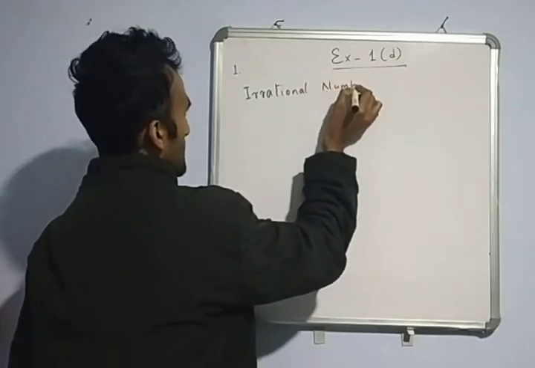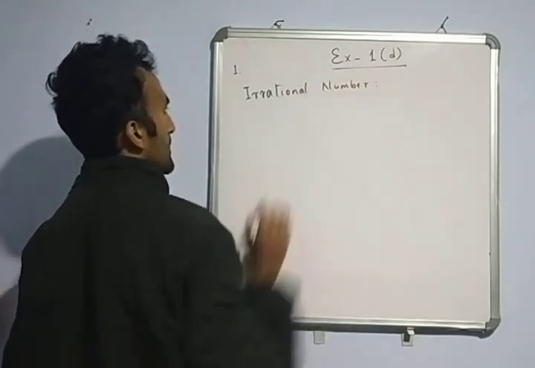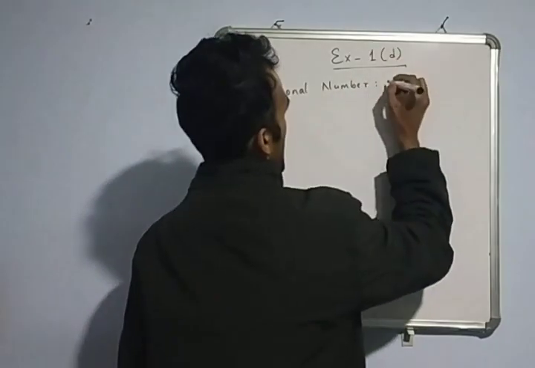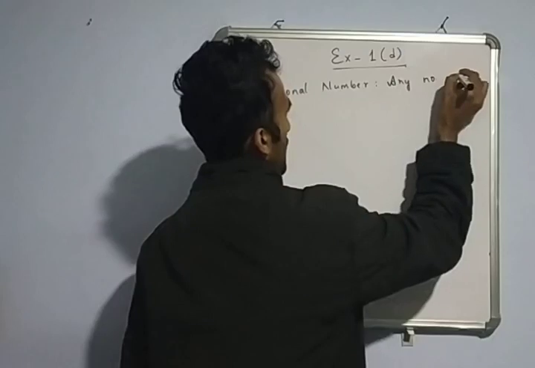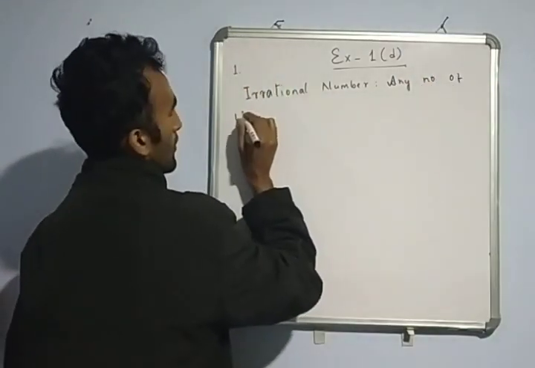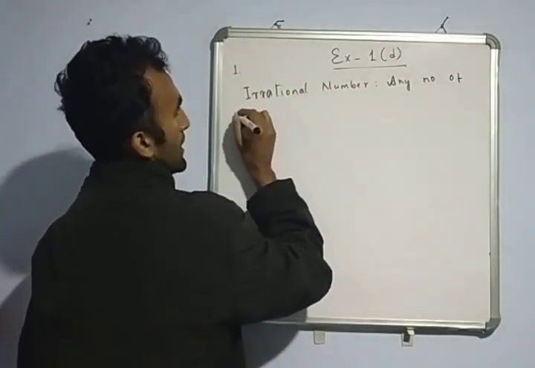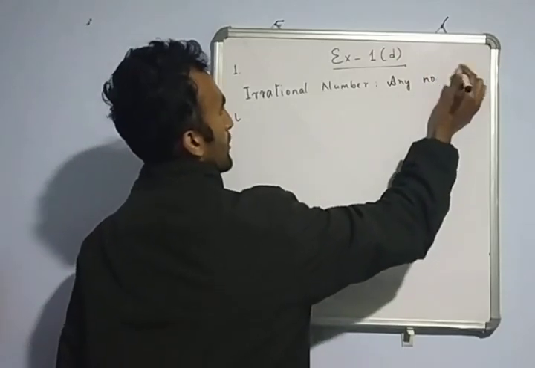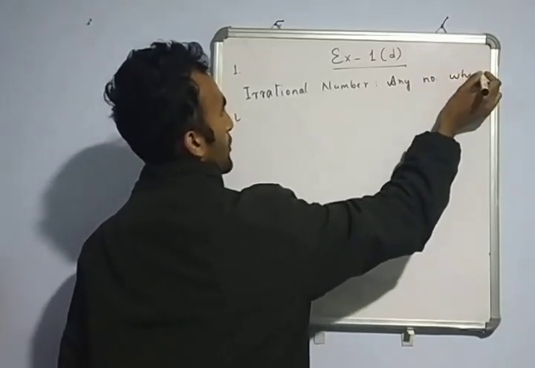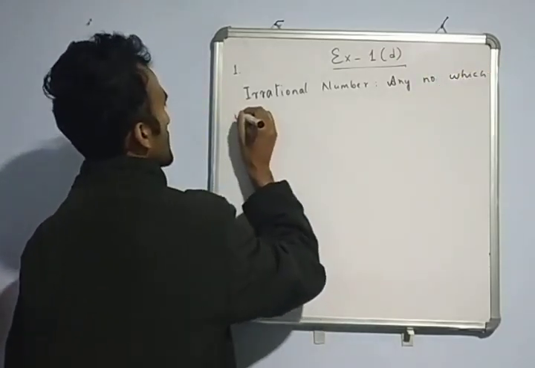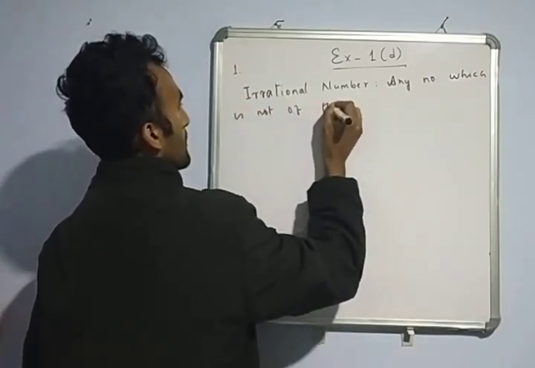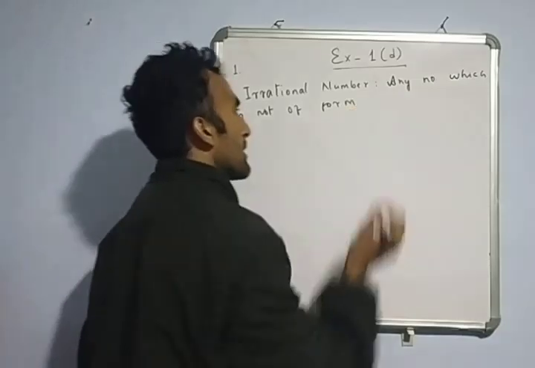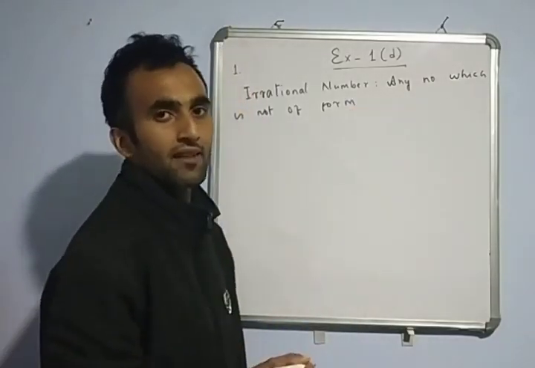So what is an irrational number? Irrational number is any number which is not of the form, because any number of the form a by b or p by q is rational.